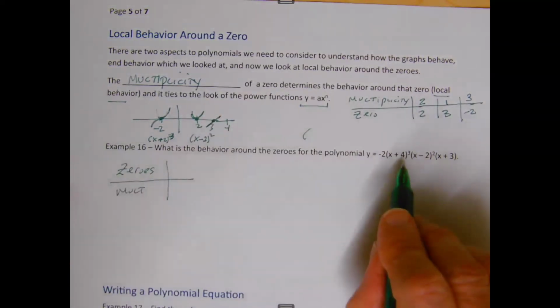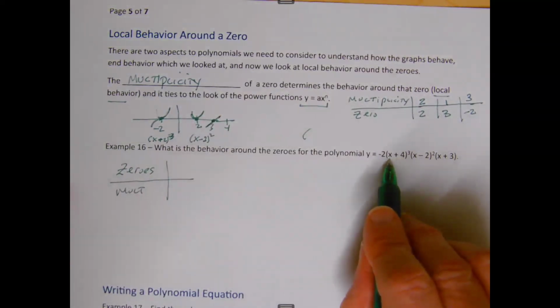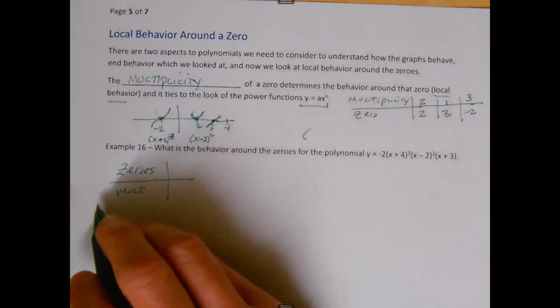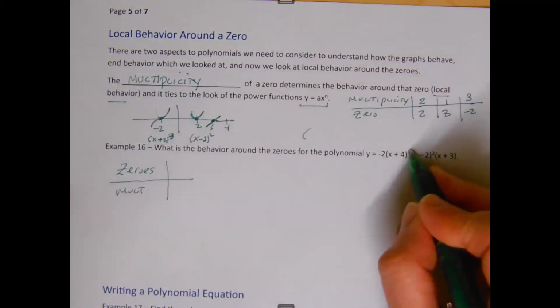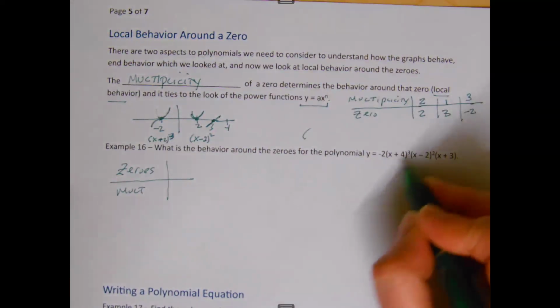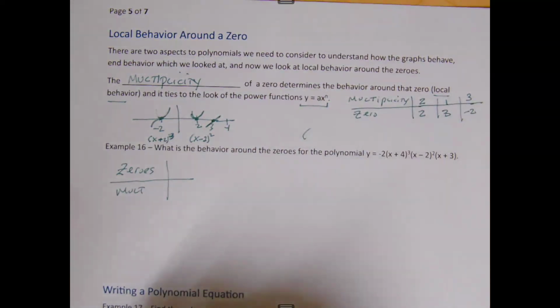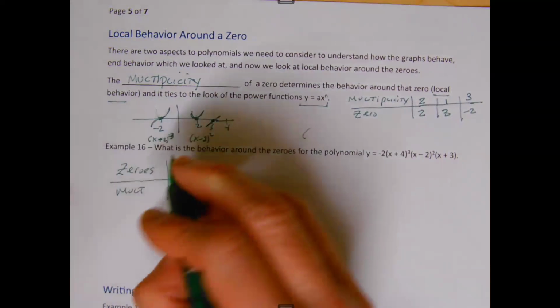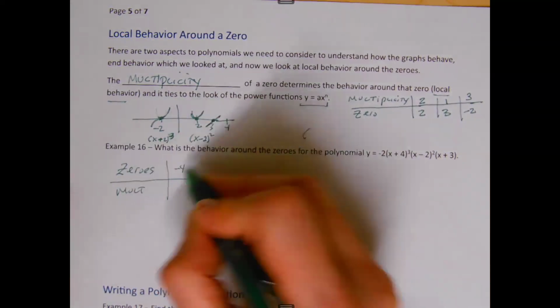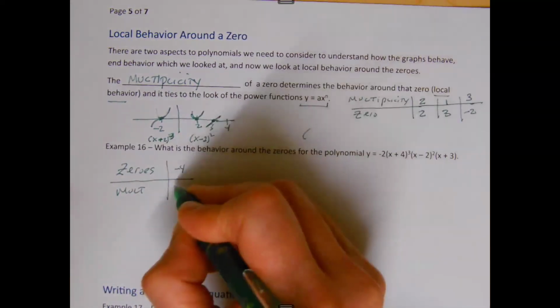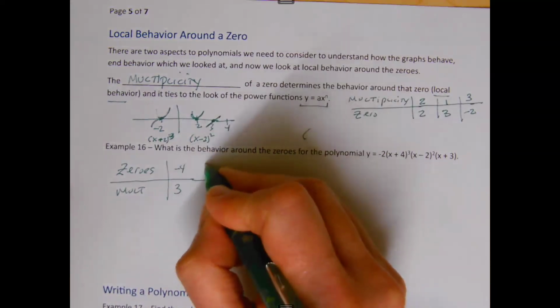If I make x equal to -4, this whole factor turns 0, which means everything else is 0, since 0 times anything is 0. So I have a zero of -4, and the power makes that a multiplicity 3.